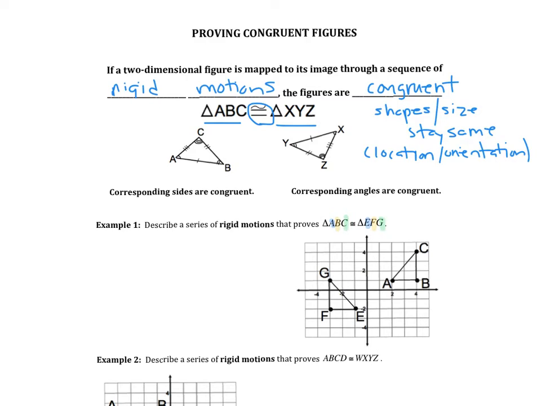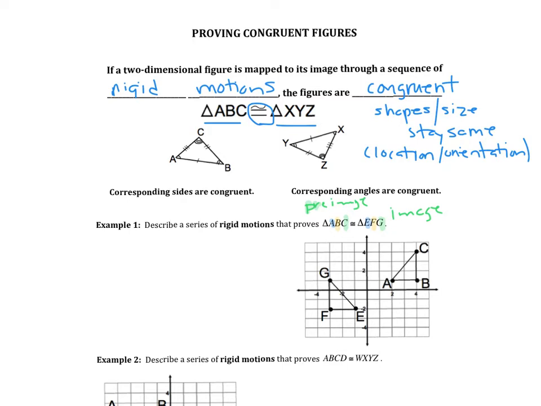Okay, and when we're trying to map them to show that they are congruent, we want to make sure that we line up both of those triangles in the correct order. Okay, ABC would be considered our pre-image, where EFG would become the image.